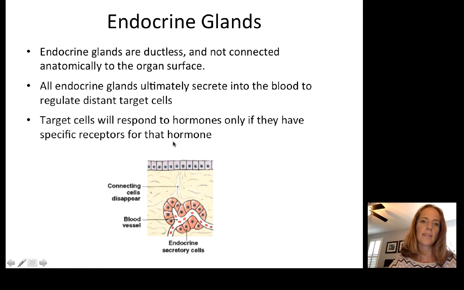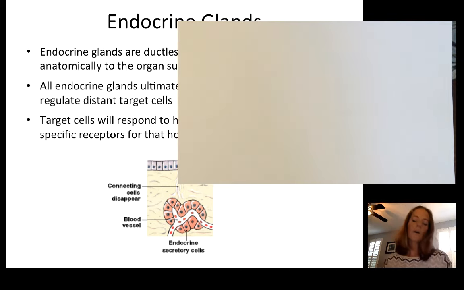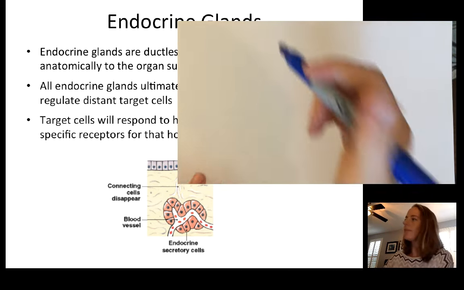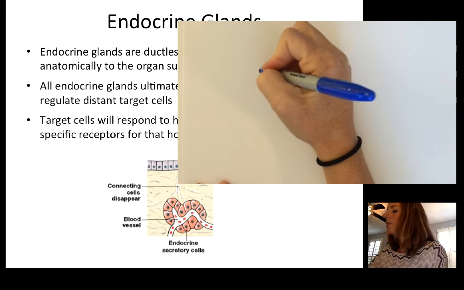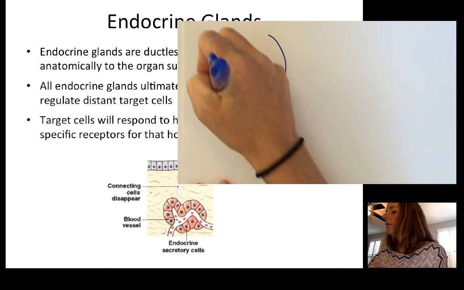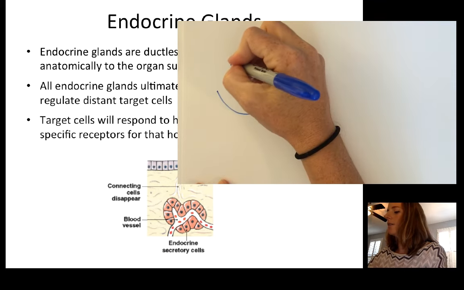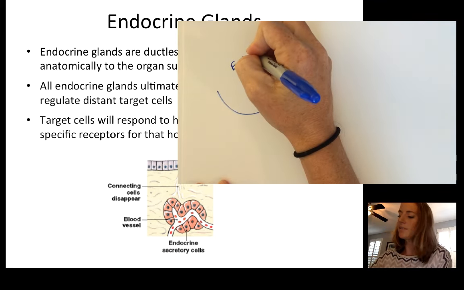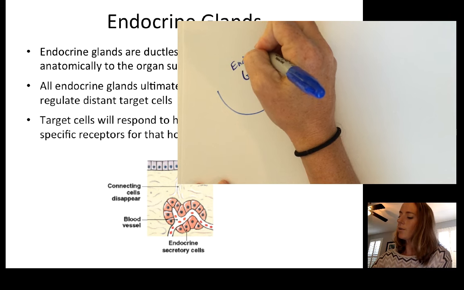So I'm going to draw this out so we can start to build on this bigger picture for you guys. Okay, so what we have then is a gland. We're just going to loosely call it an endocrine gland right now. We will give them specific names as we go through.